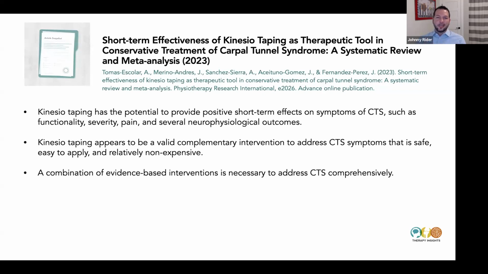So it's a great topic because it is one of those tools in our tool belt. And this review didn't find any negative effects for Kinesio taping. We also have to recognize that it's pretty cost effective, pretty easy to apply. So it's something that we can use as part of our entire comprehensive treatment for carpal tunnel syndrome.